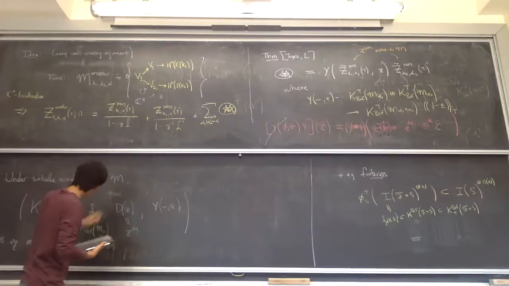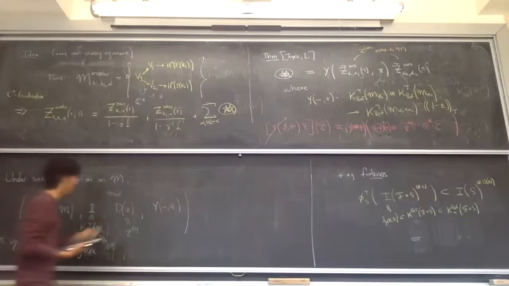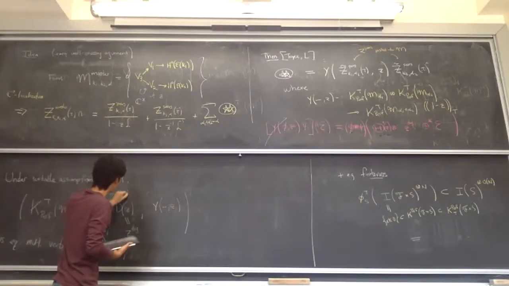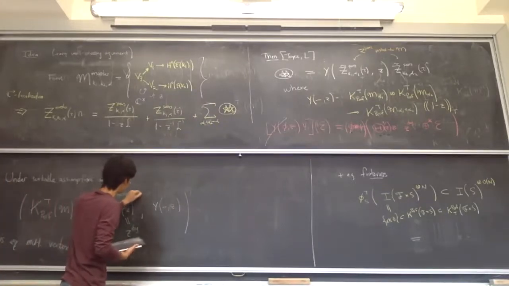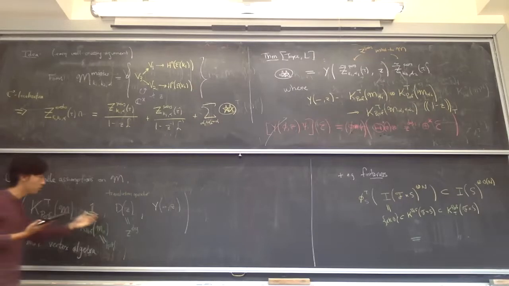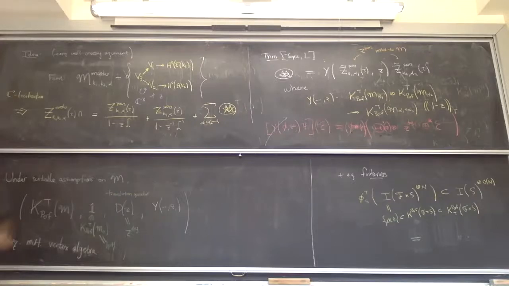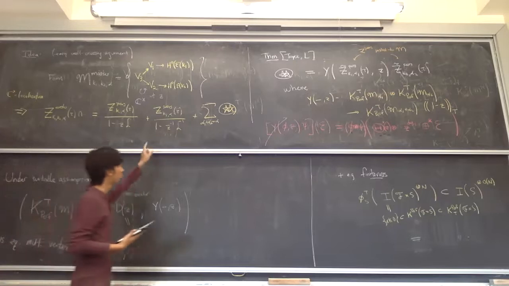So I haven't actually explained what an equivariant multiplicative vertex algebra is. Yeah, that I'll do in 1 second. But part of the data is some translation operator. And that's this DZ. It also has some geometric incarnation. Okay? And so the non-trivial part of this theorem is you get some geometric construction of some sort of vertex algebra from the wall crossing formula.